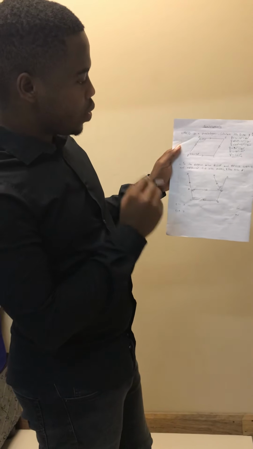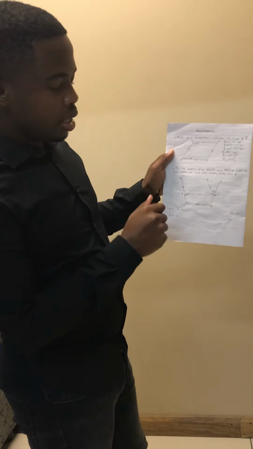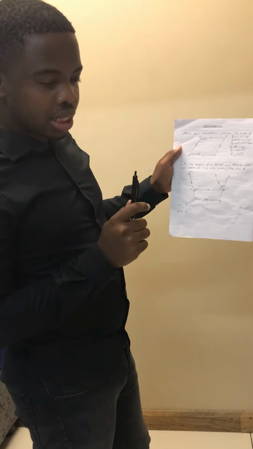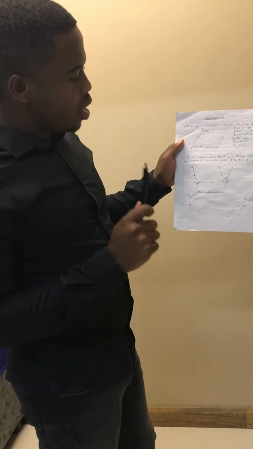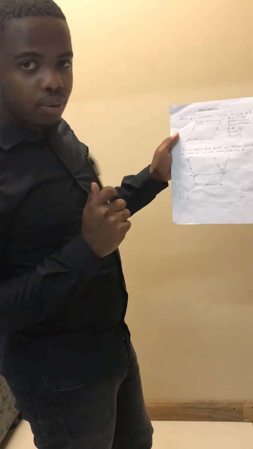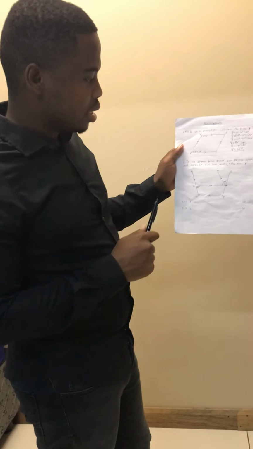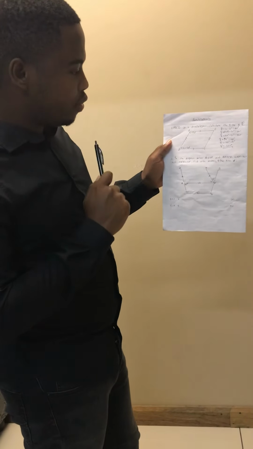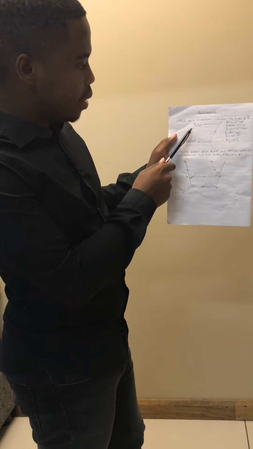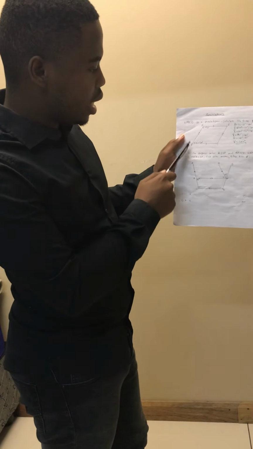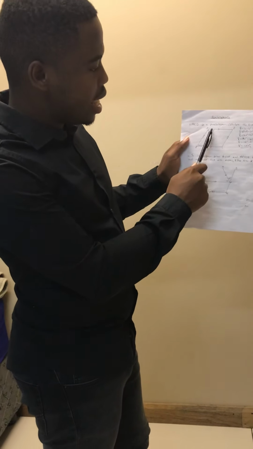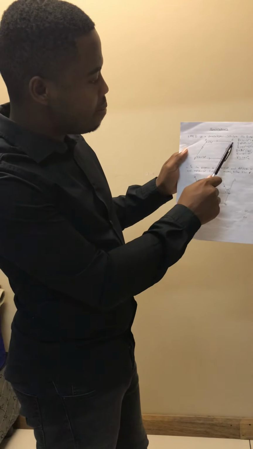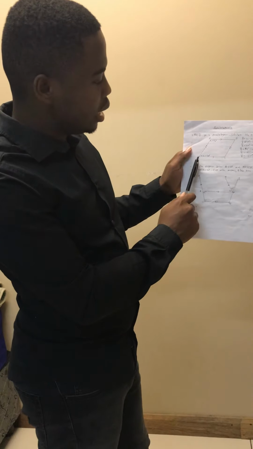Now, you know that this is a parallelogram, and you can see here that angle A is given, angle D is given, and side AB is parallel to side DC.